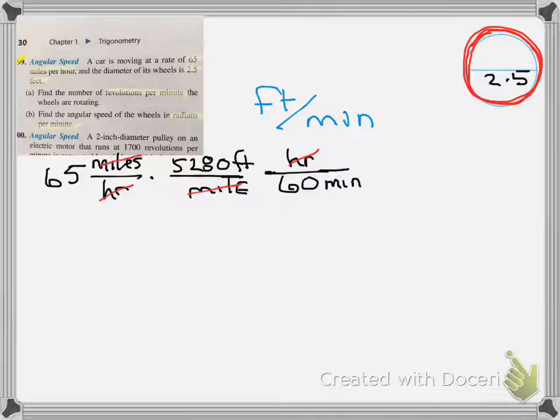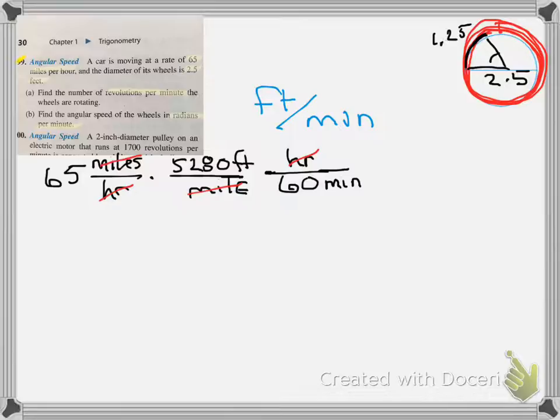And I really have a choice. A revolution means going 1 time all the way around the circle, which means going 1 full circumference. So I can connect the circumference, which is measured in feet, to a revolution. Or I can use my idea of a radian: 1 radian of angle would get me 1 radius of arc length, which would be 1.25 feet.